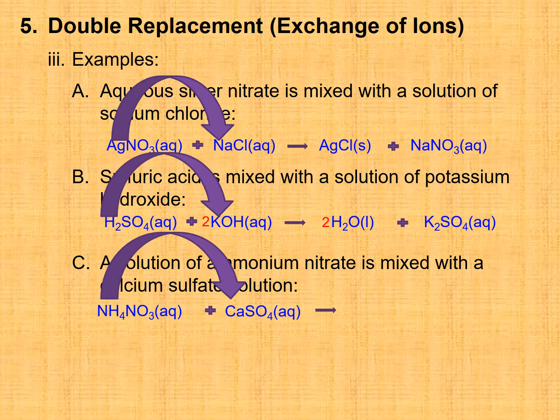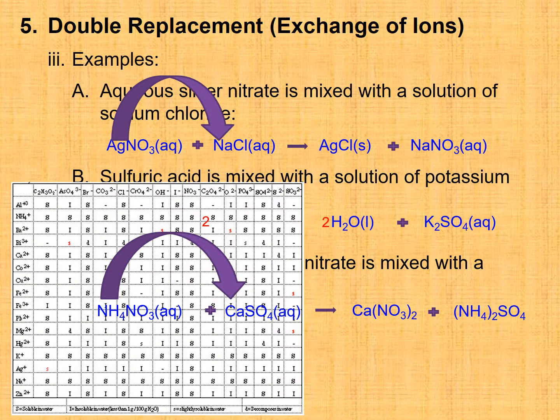That is, one potential product would be ammonium sulfate, while the other one would be calcium nitrate. Now, when we look at our solubility chart, remember one of these products must be insoluble, or a gas, or water. Well, we know it's not water here. Let's see what our solubility chart has to tell us here.